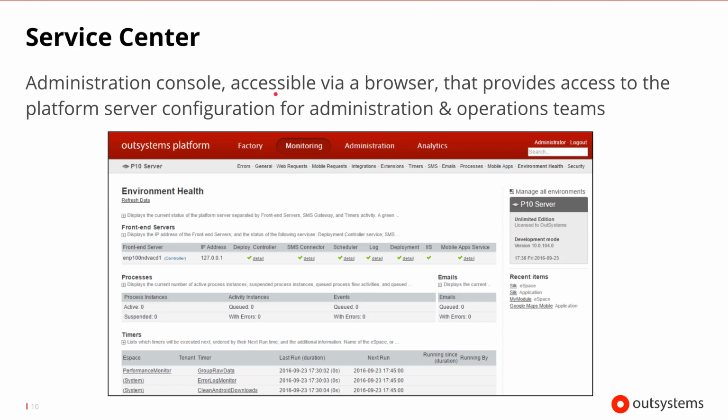And this provides the capability of looking at and configuring the platform server from an administration and operations standpoint. So inside of our web app, we have the capability of looking at the factory and the apps available in the factory, monitoring the server itself, administering the server, and getting different types of analytics, all inside of the same server administration console.